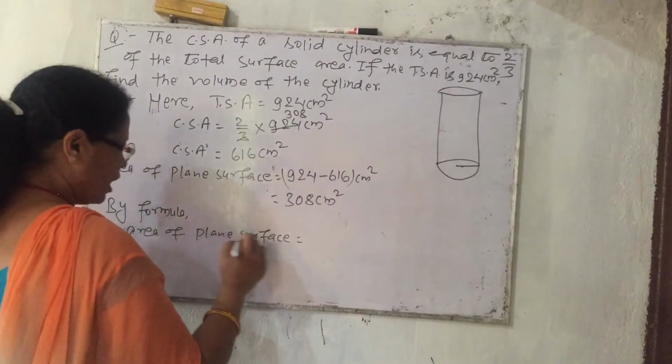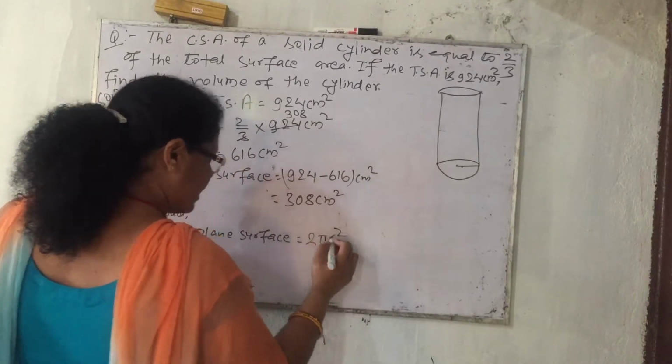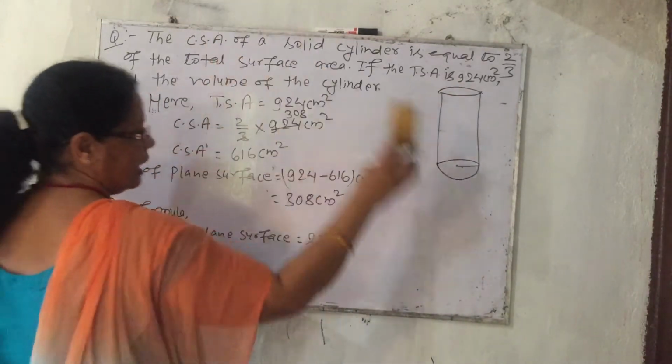By formula, area of plane surface equals pi r square and pi r square. That means 2 pi r square.